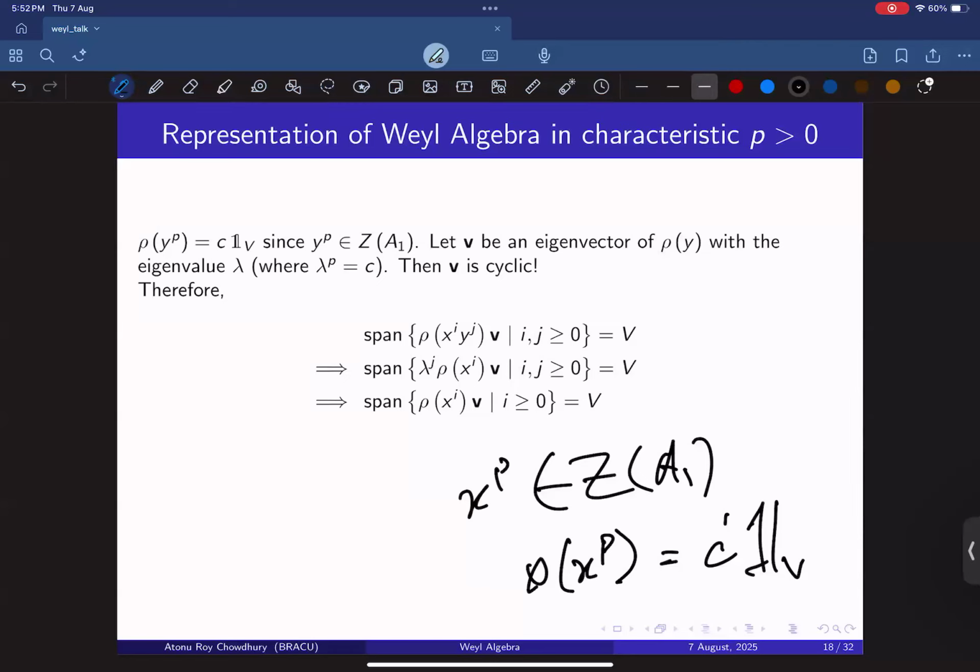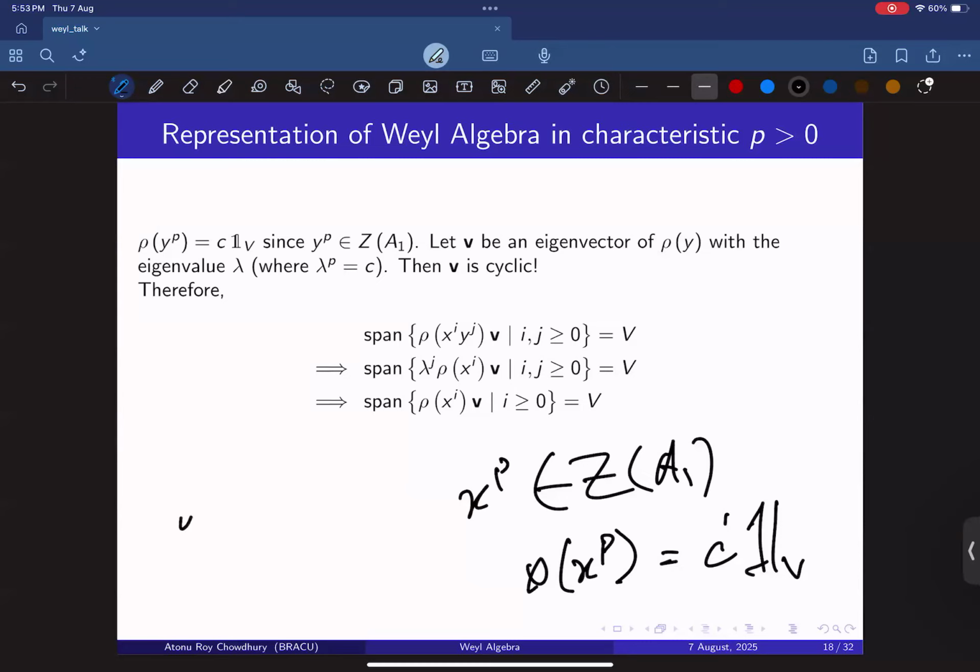Why is this important? Because in this set, rho of x to the i acting on v, where i ranges over all the non-negative integers, we're going to have some repetitions. By repetitions, I mean that some vectors are not going to be linearly independent, right?